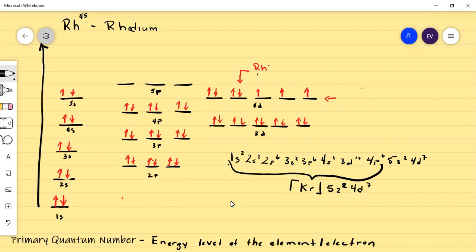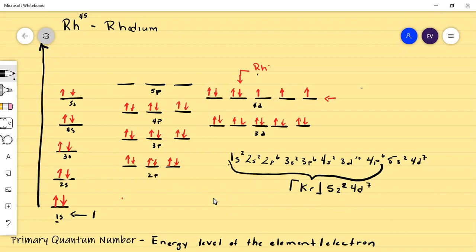Okay, please take a minute to write these down. Now, the energy level is represented by the period of the periodic table. So for example, if you look at this guy right here, the energy level is 1. So the primary quantum number for any electrons here would be 1.